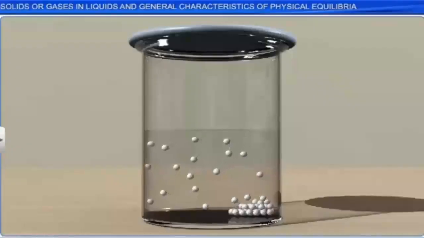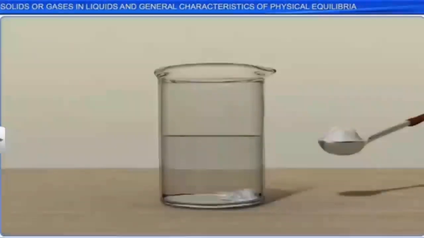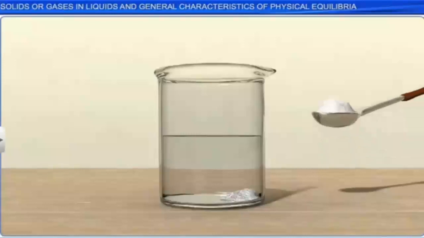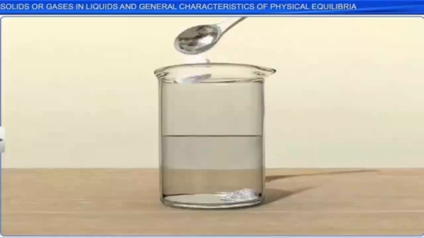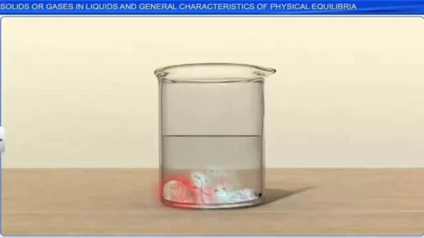The dynamic nature of this equilibrium can be established using radioactive sugar. Let's see how. Take a beaker containing saturated sugar solution. To this, add a small quantity of radioactive sugar and let the solution remain undisturbed for some time. Then check the solution for radioactivity.